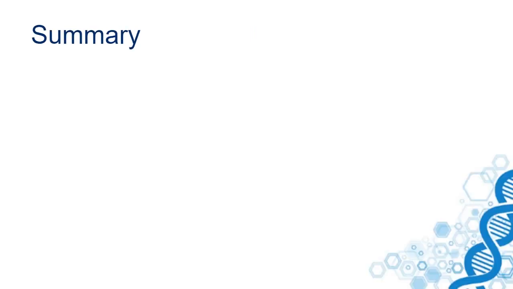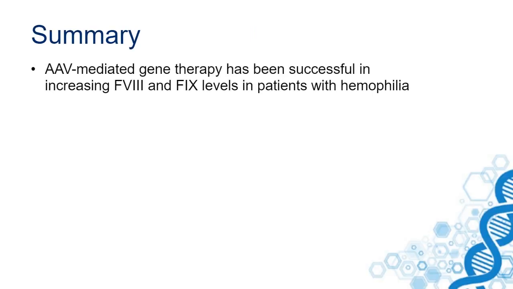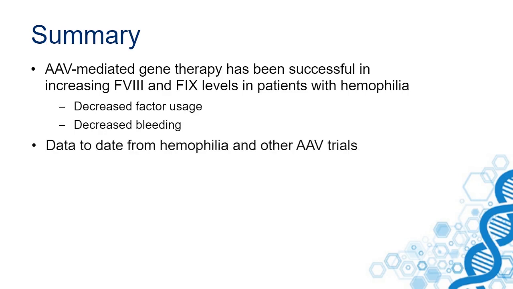So in summary, AAV-mediated gene therapy has been successful in increasing factor VIII and factor IX levels in patients with hemophilia, and at all different levels that have been achieved, it has markedly decreased factor usage and decreased bleeding. To date, from hemophilia and other AAV trials, it appears to have a very good safety profile.